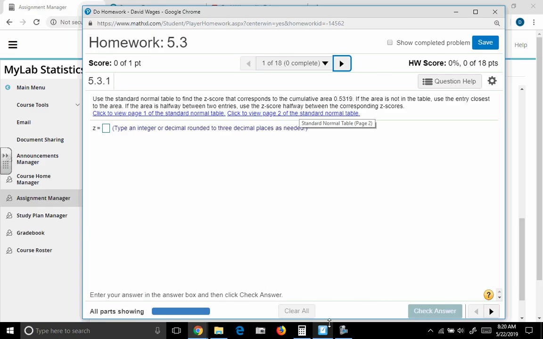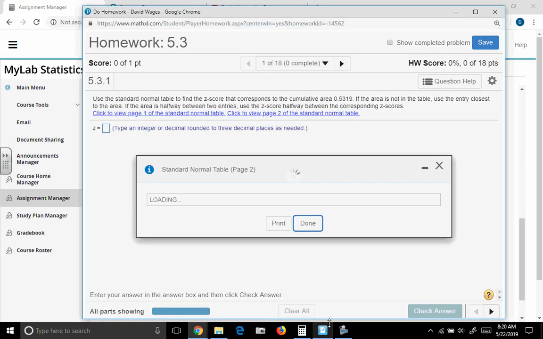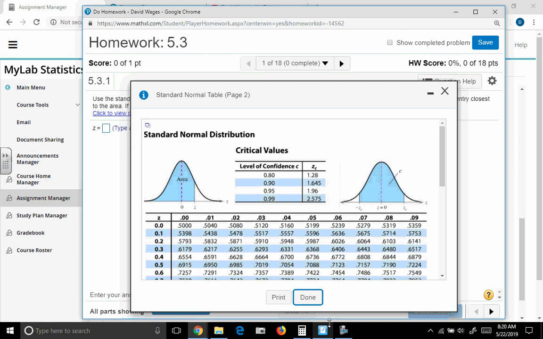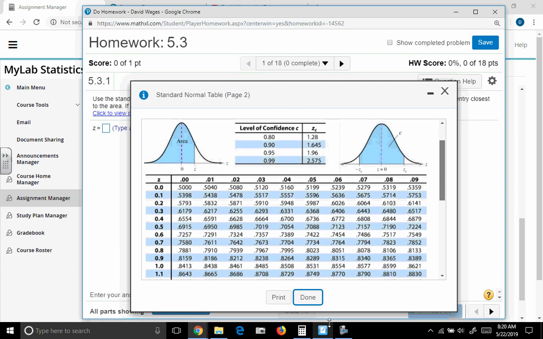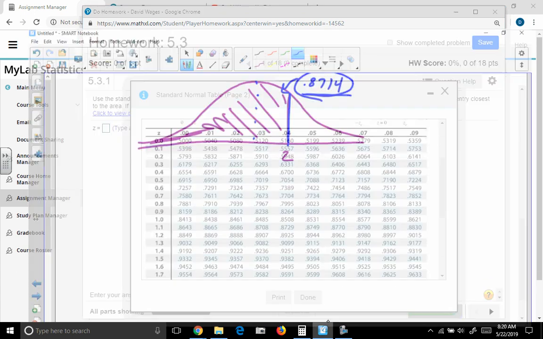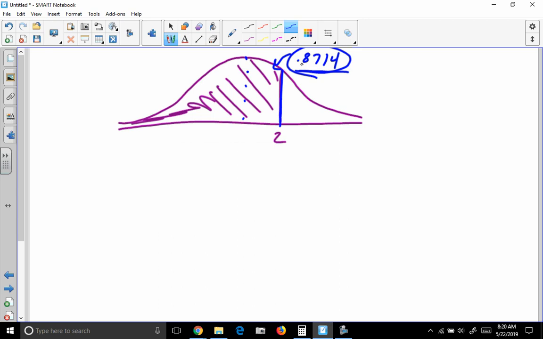So let's pull up this table. And we want to find out which z-value has an area as close to 0.8714 as possible. Now, it might be that this number is not exactly in the table. So if not, we're going to pick the z that is closest. If this is halfway between two numbers, then we're going to pick the z-value that would be halfway between.